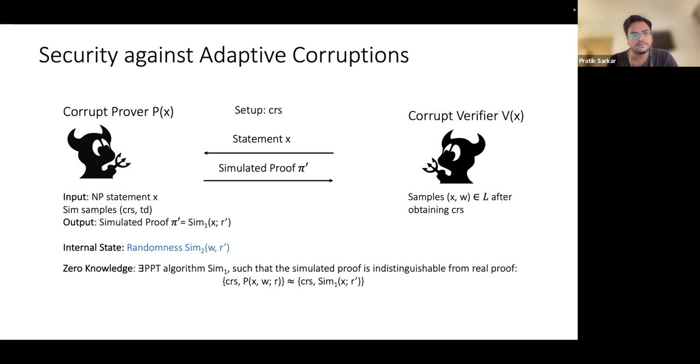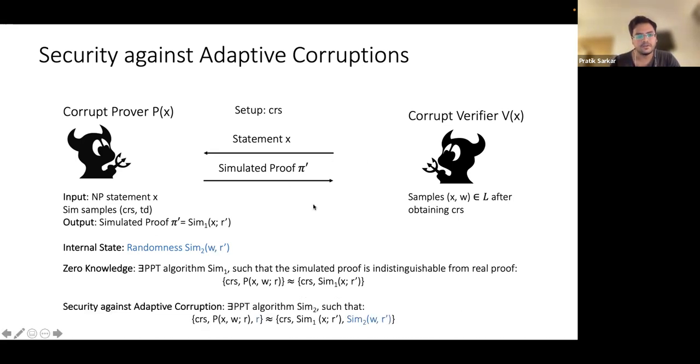In such a situation, the simulator has to come up with randomness which is consistent with the witness W and the simulated proof. So security against adaptive corruption says that this simulated proof should be consistent with the honest witness and some randomness provided by the simulator.